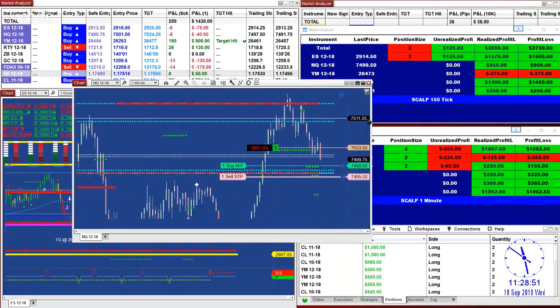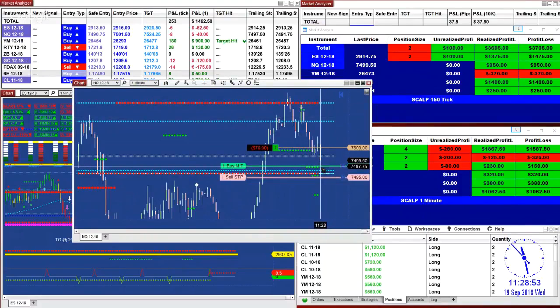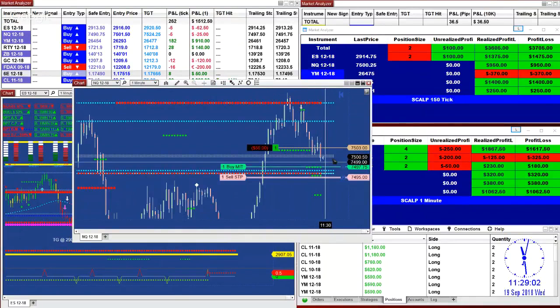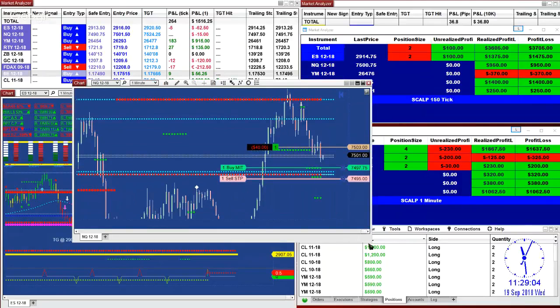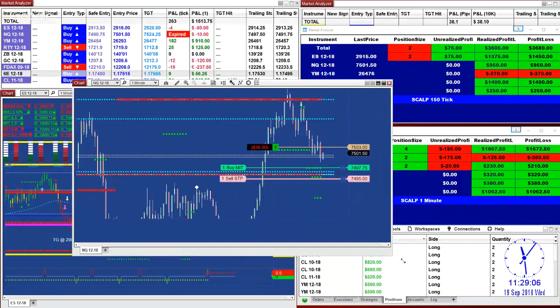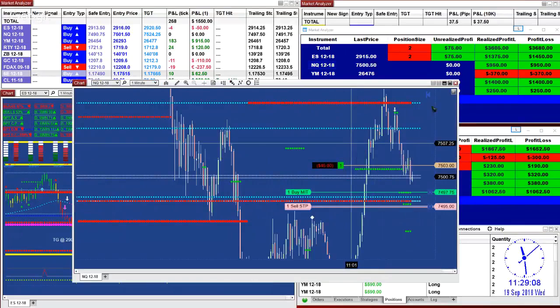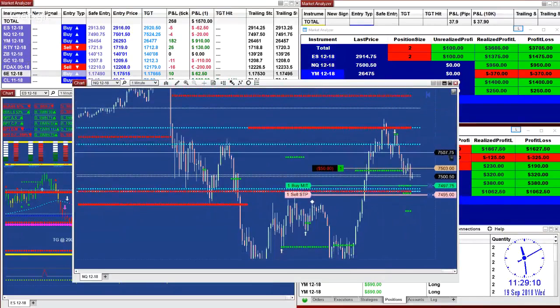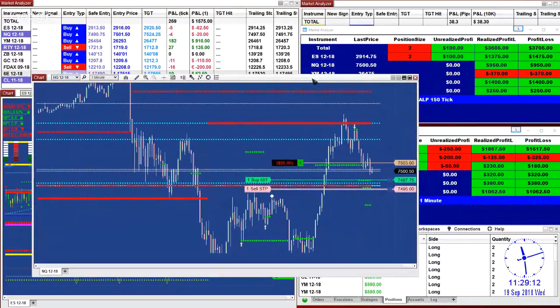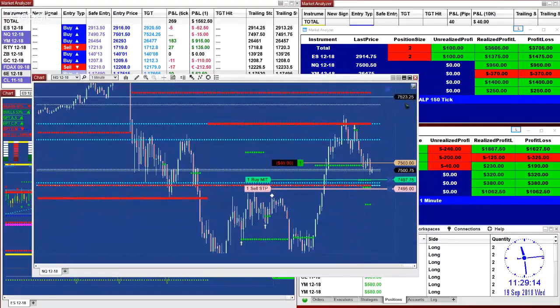If the market is gonna go against us, then at least, look, we can average the price on those two. So this is for the guys that have more than one contract. Do not enter two contracts in the same spot.